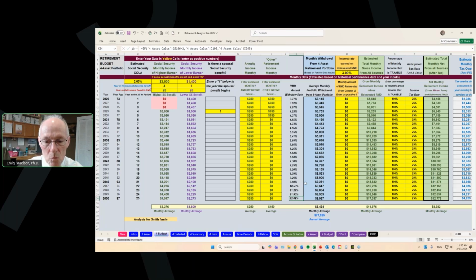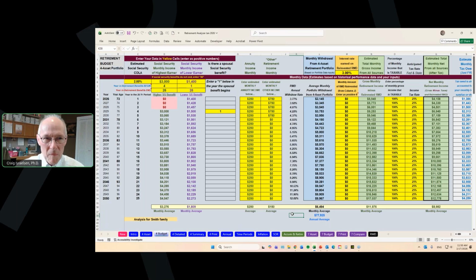Whoa, that is high, but it takes 25 years to get there. Here's something interesting. If I highlight that whole block of RMD withdrawal rates, then I come down here, this part of the screen tells me the average is 7%. So that's kind of intriguing. The average RMD for the first 25 years of the RMD is 7%.